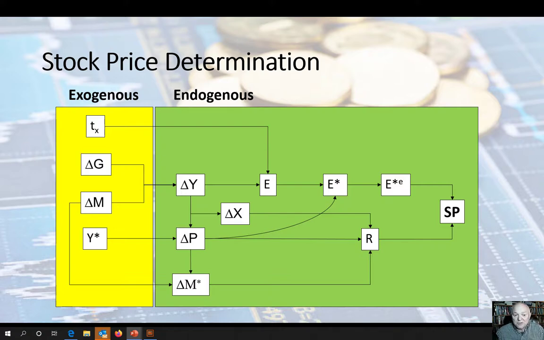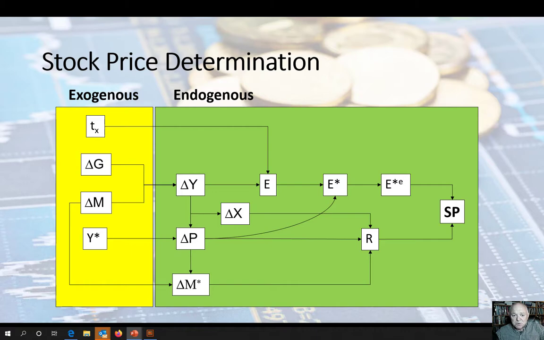So on the left we have the corporate tax rate, T sub x, the change in government spending, delta G, change in money supply, delta M, and the total output capacity in the economy is Y star. Government spending and changes in monetary policy are going to have an effect on the total output in the economy. That's delta Y.